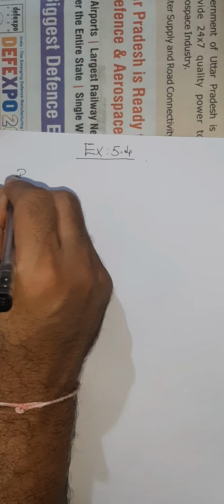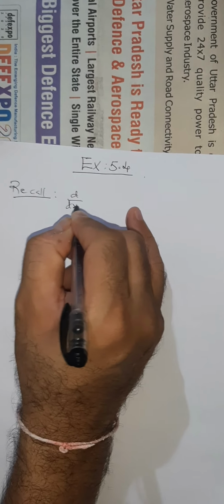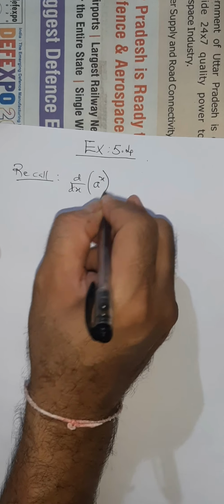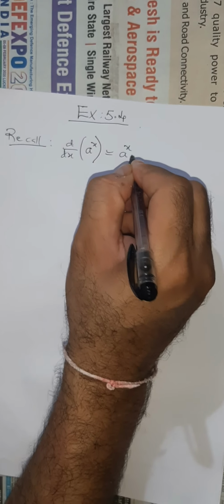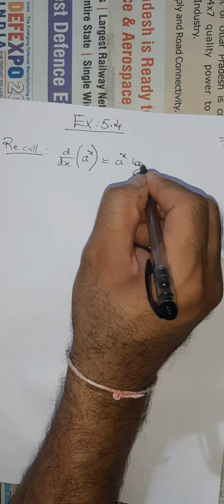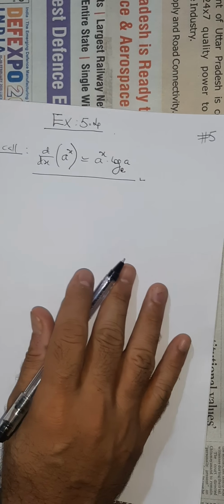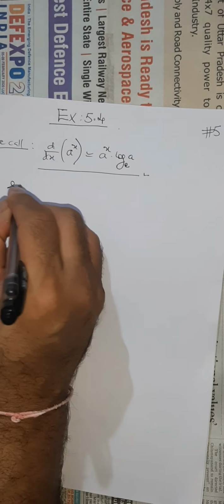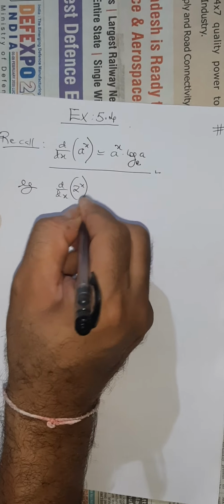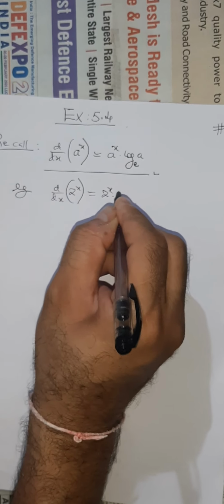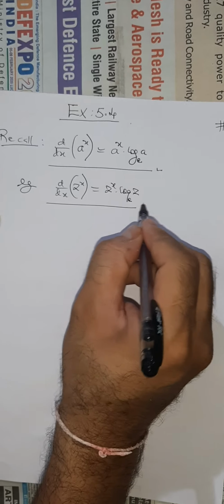So we know this, let's recall d by dx of a raised to x, already stated for the exponential function. It is a raised to x into log a to the base e. For example, what is the derivative of 2 raised to x? That is 2 raised to x into log 2 to the base e, like this.